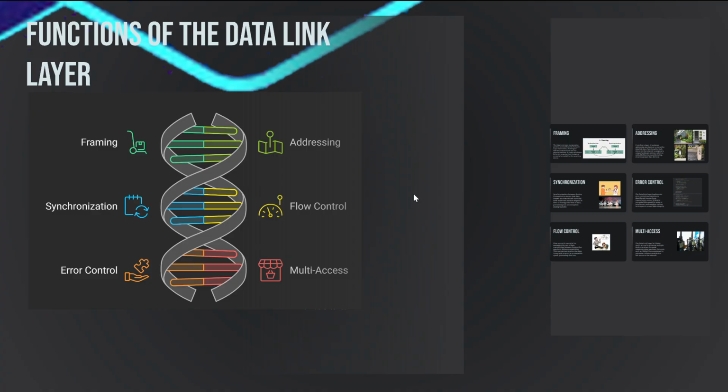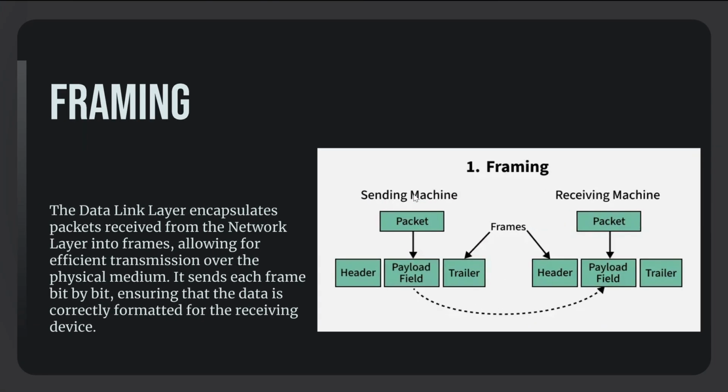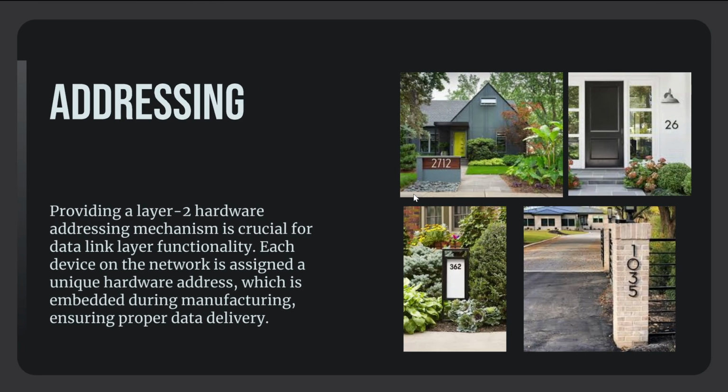Let's delve into the functions of the data link layer. There are 6 functions of the data link layer, starting with framing. Framing is like putting a document into a file folder before sending it. The data link layer places packets into frames, each with a label and a boundary so that the receiver knows where one frame ends and the other one begins. The second one is addressing.